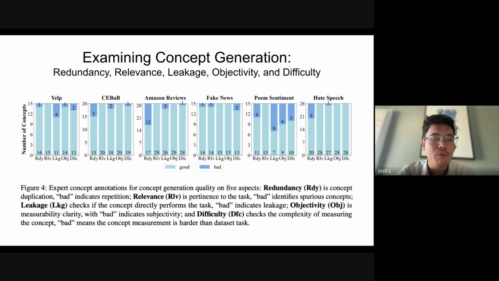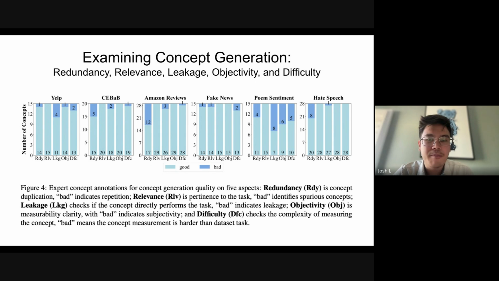One issue is redundancy. Are we generating a concept that already covers the ground that another concept has generated before? Another is relevance. Are we generating concepts that are relevant to the task at hand? Third, and quite importantly, is leakage. Are we generating concepts that already encroach on the original task that we're trying to label?